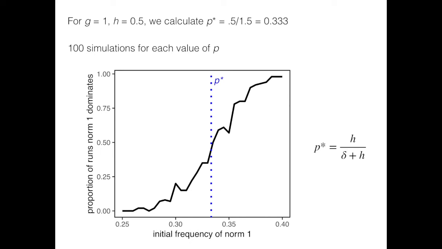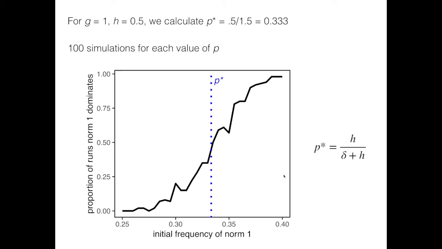A few things are illuminated by this calculation. First, the threshold for norm 1 to spread is lower when the benefit of coordinating on norm 1 is stronger. So delta. When delta is higher, p star becomes smaller.